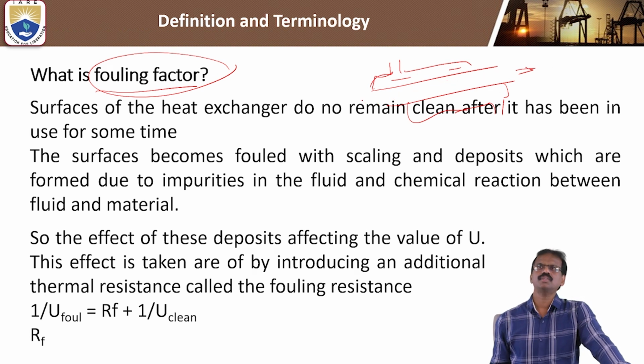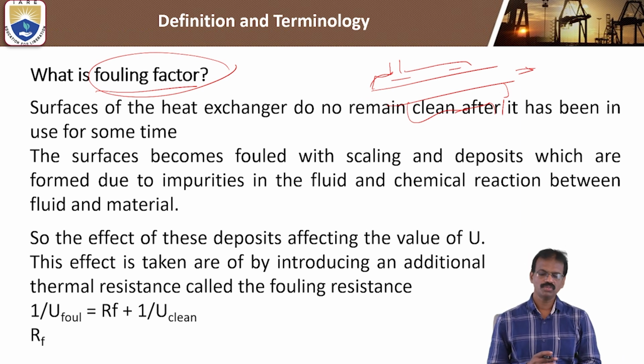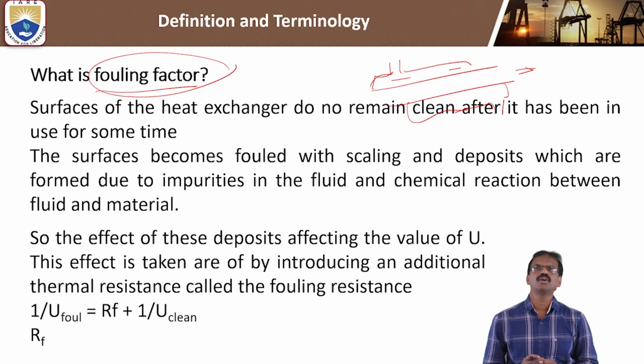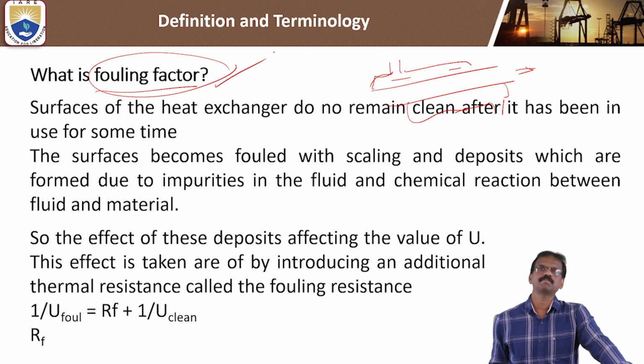Due to this, the heat transfer rate will decrease. It means the heat transfer coefficient will decrease, and the overall heat transfer coefficient will change. So for this, you have to consider the fouling factor.